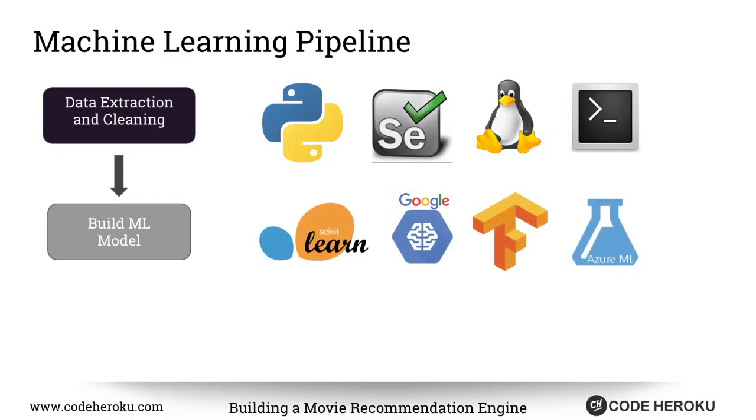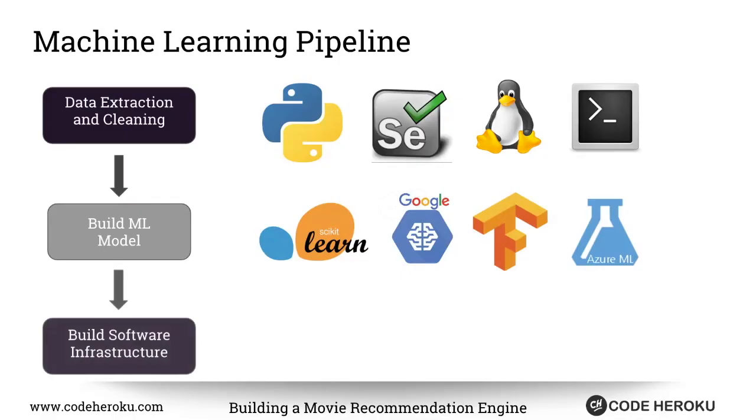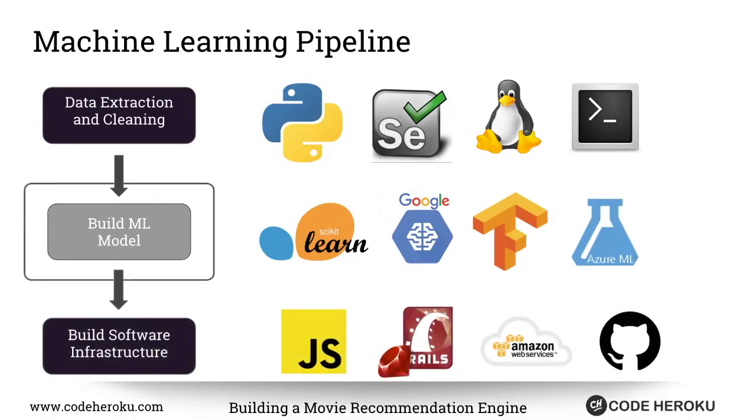You could use something such as Scikit-learn, which has some implementations of the model algorithms, or you could use third-party APIs such as Azure ML or Google natural language APIs, or you could build your own model in TensorFlow as well. And today we are going to focus on this part. We are going to see how to build a model. We are not going to literally build a model as such, but we're going to focus on the machine learning aspects of it.